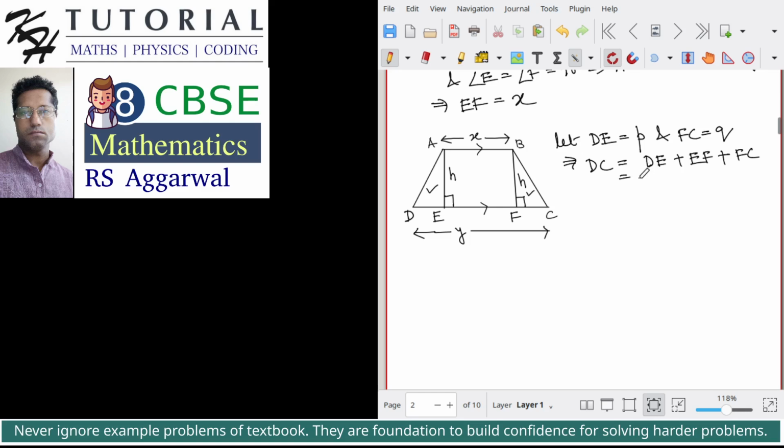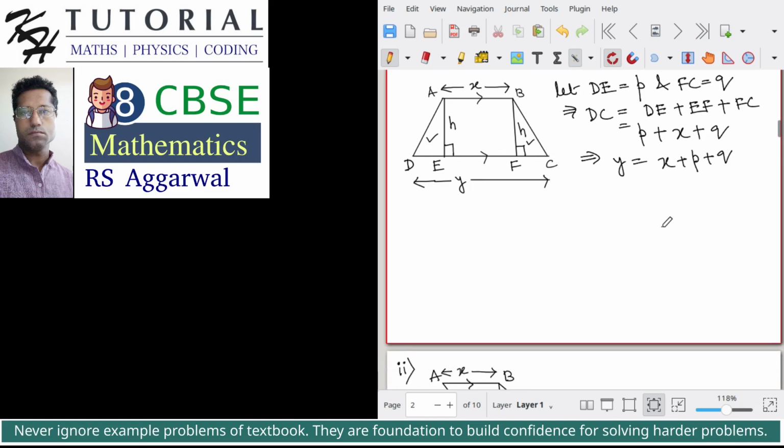Now what is DE? DE is P, EF is X, and FC is Q. What is DC? DC is Y. So Y is equal to X plus P plus Q. We will need this information later on.